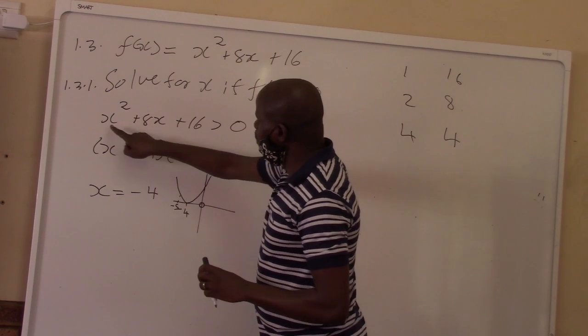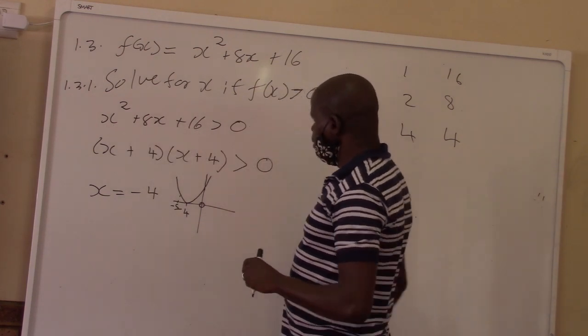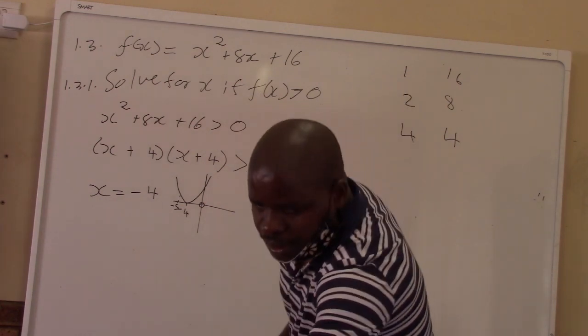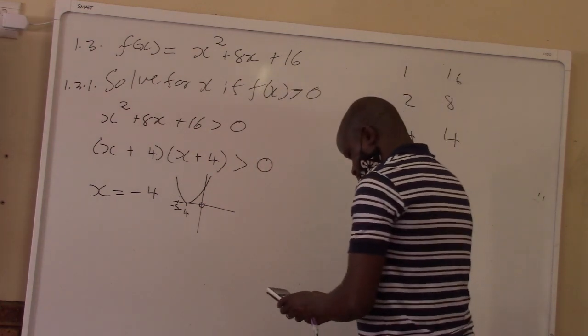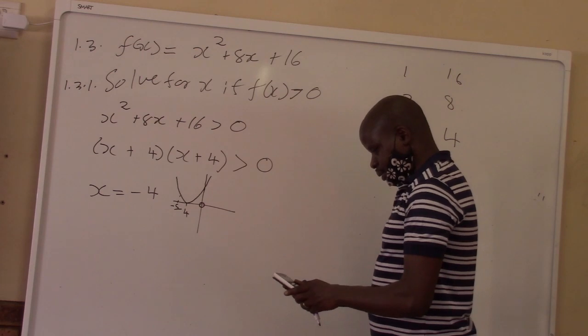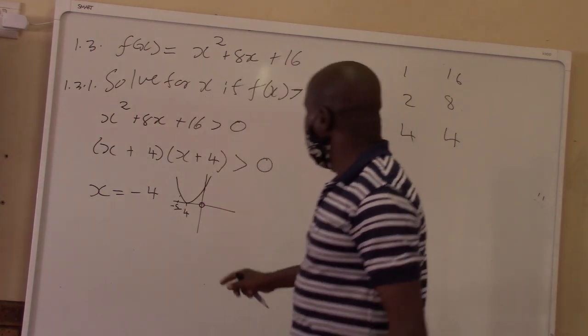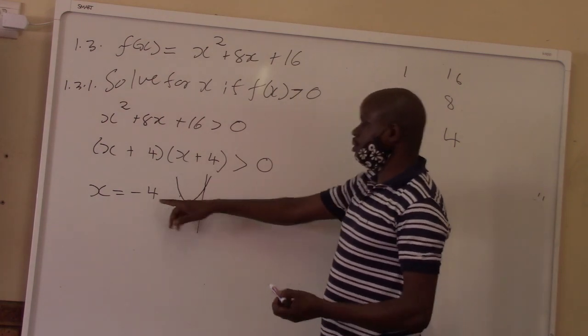Then 25 plus 16 is going to be 41. It means that the answer there is going to be 1, which is correct here.